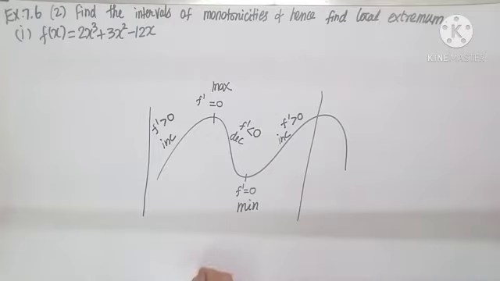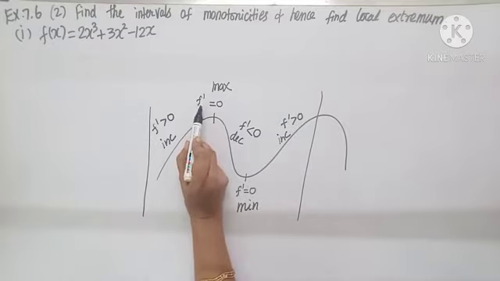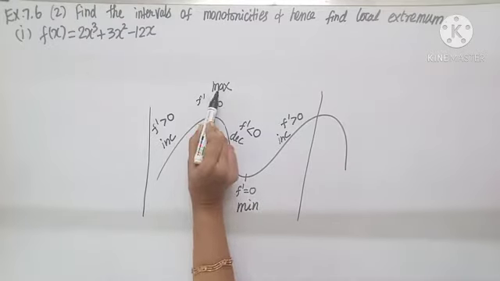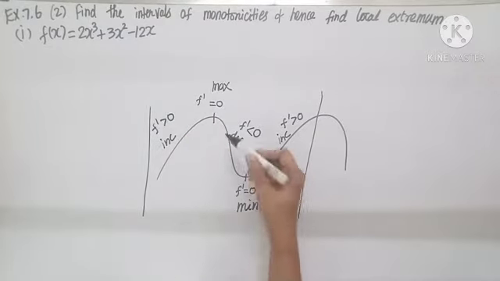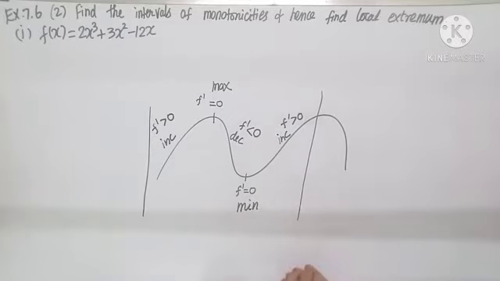As I know, from increasing to decreasing, the derivative definitely becomes 0 at a particular point. That I call local maximum. From decreasing to increasing, again it vanishes. That particular point I call local minimum.